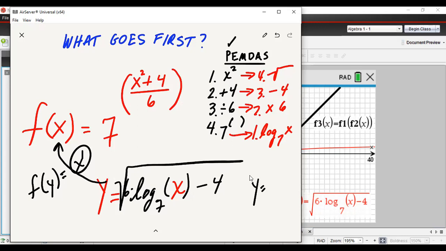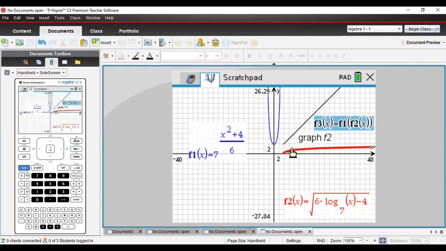It would be y equals x, but it starts at, what does it start at? It starts at 2 when x is greater than or equal to 2, because otherwise the functions don't actually have an inverse if we don't constrain the domain.